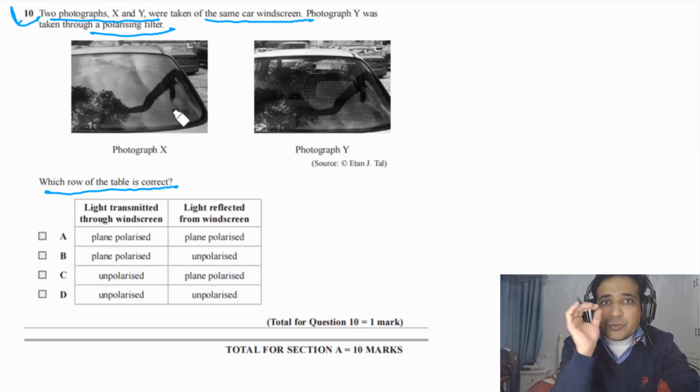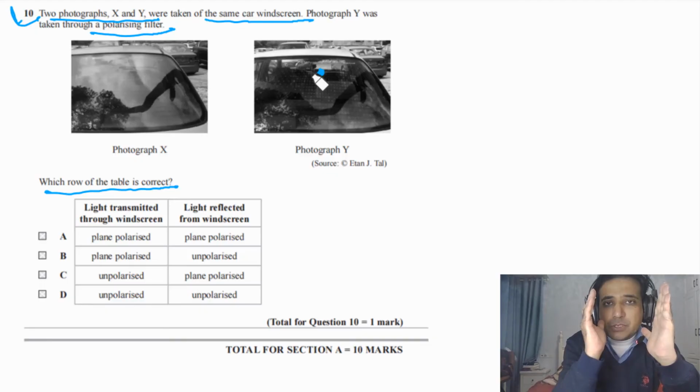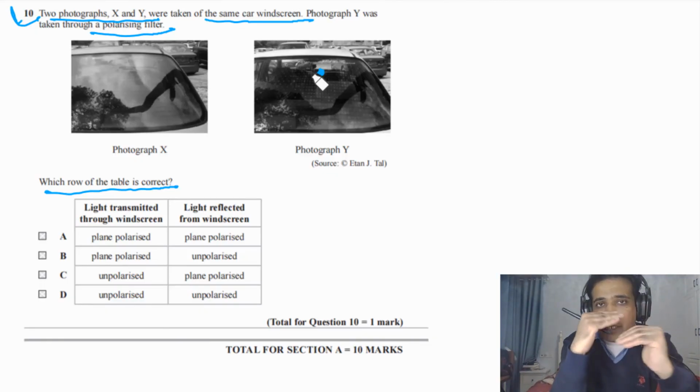So first of all, you need to figure out why we cannot see inside the car in photograph X. This is the first thing you need to understand, and this is due to the light. When the light reaches the windscreen, this is the boundary between windscreen and air.